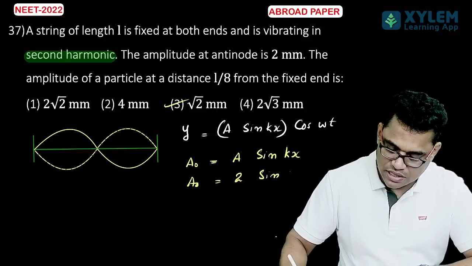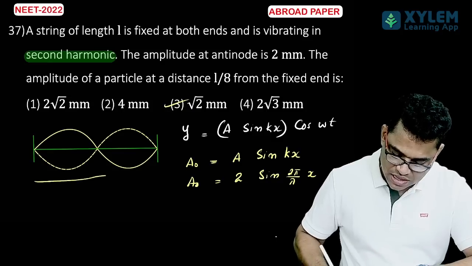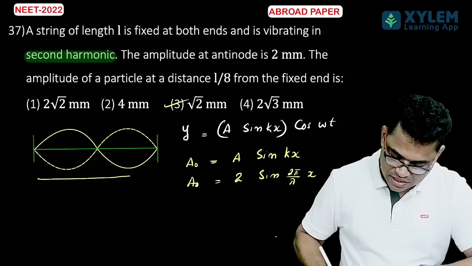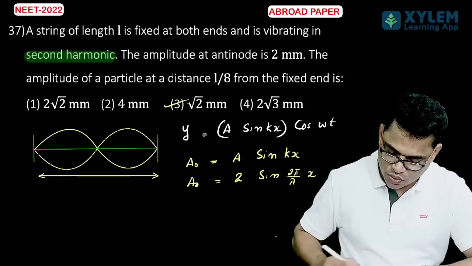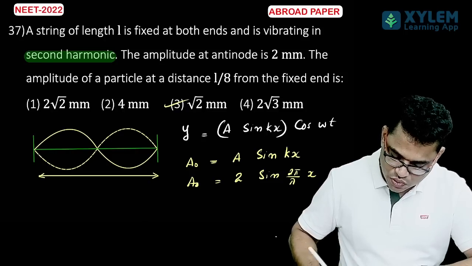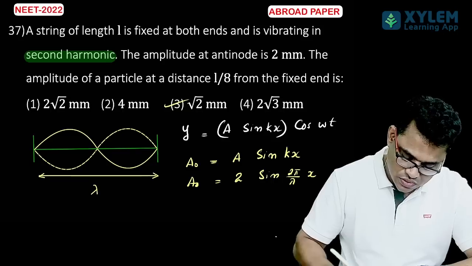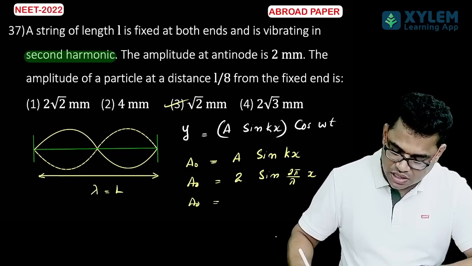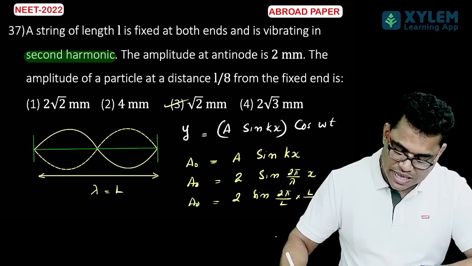Sin of k, which is 2 pi by lambda, into x. What is lambda here? Lambda is equal to the length of the wire, isn't it? It is very obvious. Each loop is lambda by 2, therefore lambda is equal to L. Therefore, A0 is equal to 2 sin (2 pi by L into x), where x is L by 8.